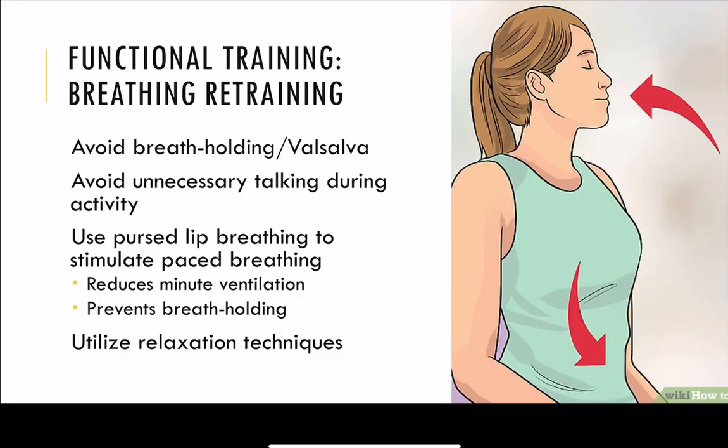So if we go back into our printed notes, under functional training is breathing retraining. So really talking patients through so they stop doing breath holding. We said in the very beginning, the first lecture of the semester, that people hold their breath to create stability. So if they don't have a good core activation, they can breath hold and create a rigid tube, and the increased central stability increases peripheral force generation.